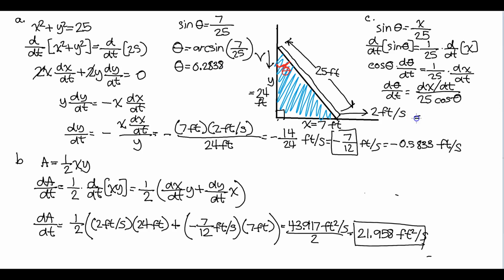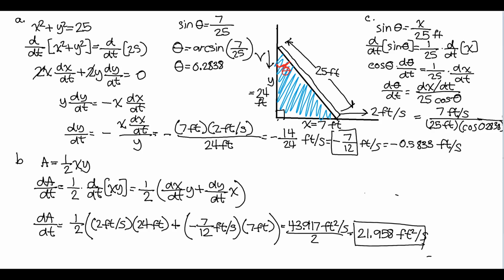If we substitute, we get 2 feet per second over 25 feet times cosine of 0.2838.